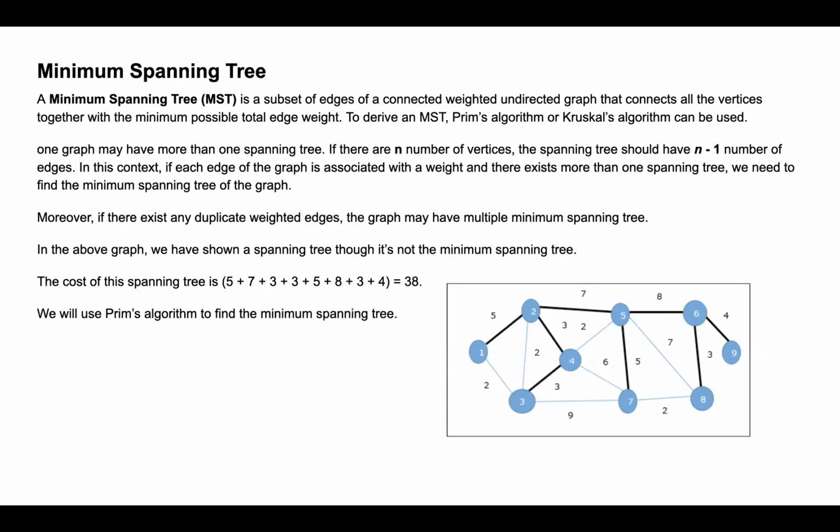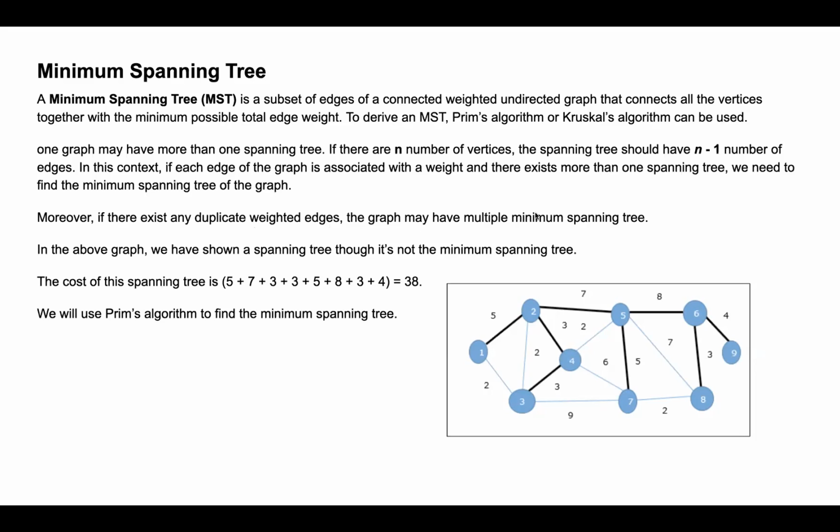Duplicate weighted edges means we can see here this 2 to 4 edge is having value 2, and this 1 to 2 is also having weight 2. Like that, it is saying that if duplicate weighted edges are there, the graph may have multiple minimum spanning trees.